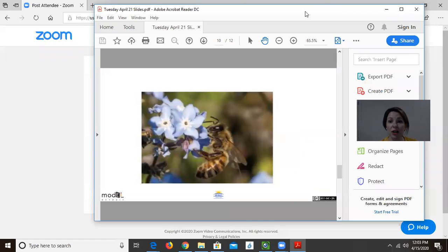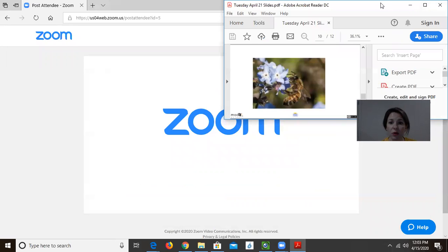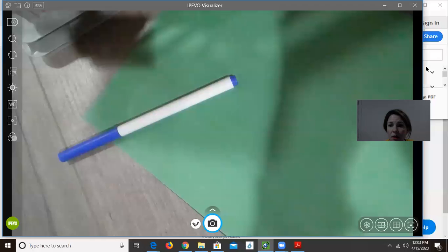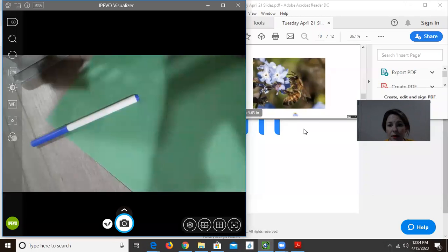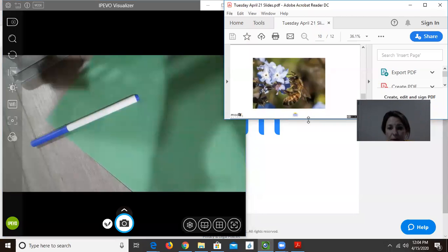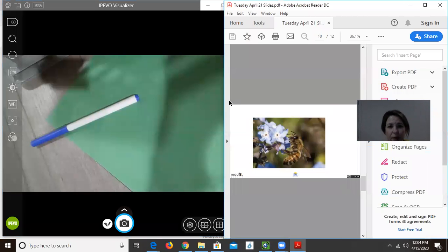I am going to again try to share my screen. So let's move, oh no. Oh, that might work. Let's see. Okay. Let's bring this down a little bit. Okay, so I'm going to try to draw what I see.